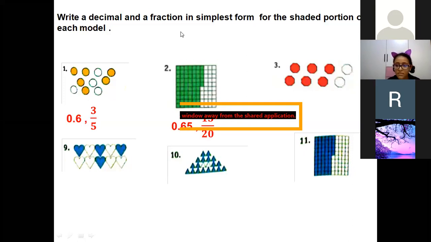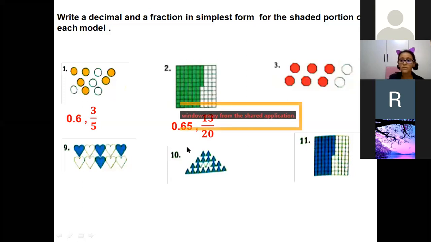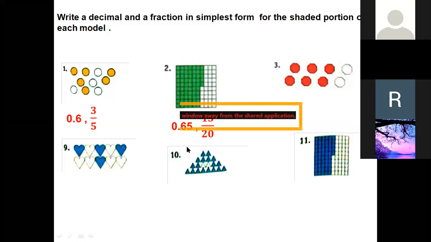Rama, it's 3 quarters. Now the 1 quarter, Rama, what is it as a decimal? How do we write it? Rama, do you hear me? Yes. Okay, what is the 1 quarter?